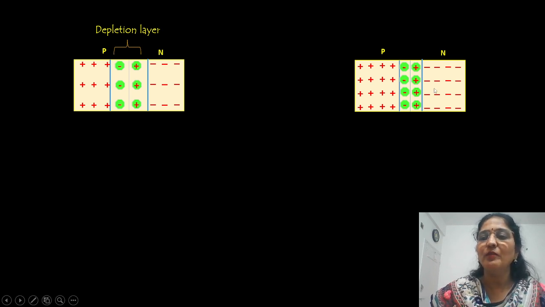The electrons from the N region start diffusing to the P region and a depletion layer forms. The only difference is that as charge carriers are very large in the P and N regions, the depletion layer forms in a narrow area. The width of the depletion layer is very small in a Zener diode as it is heavily doped.